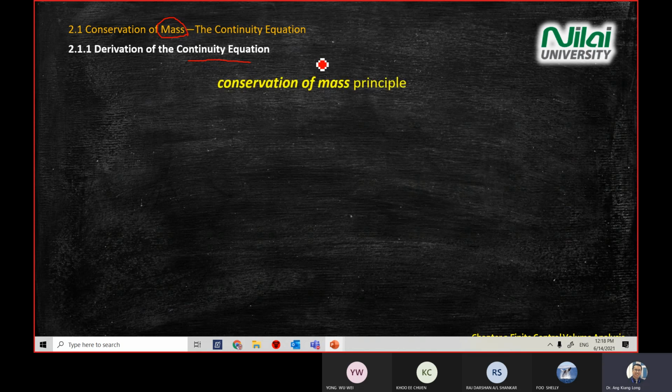So conservation of mass is stated. Since there is no change of mass, we use time to define this principle. Okay, the time rate of change of system mass equals 0.